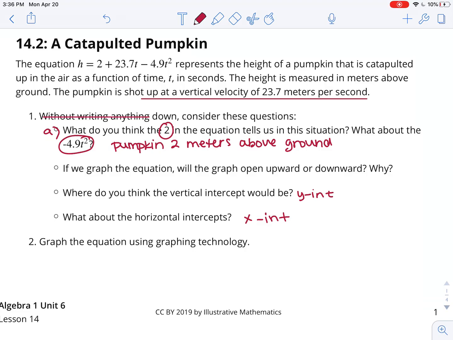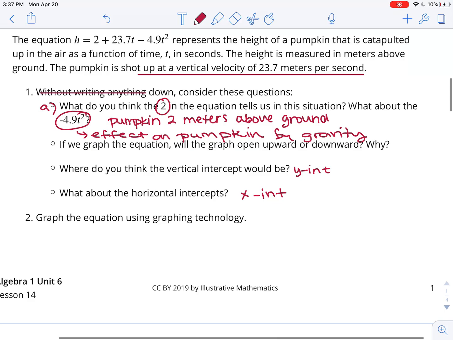And the negative 4.9t squared in this case shows us the height that's lost due to gravity. So that's basically the effect of gravity on the pumpkin's height, and how that gravity is pulling the pumpkin back down.